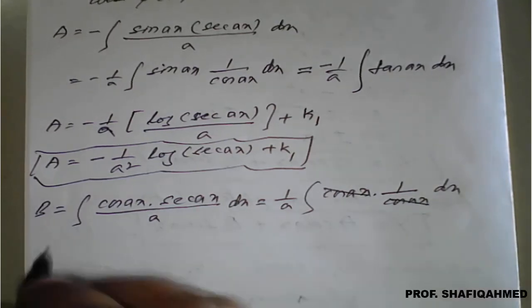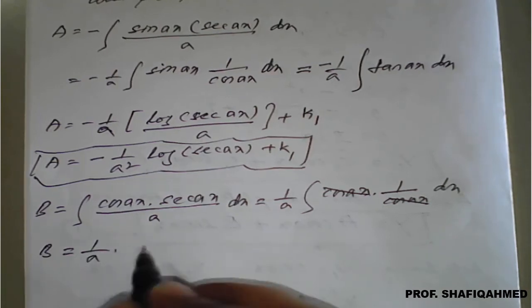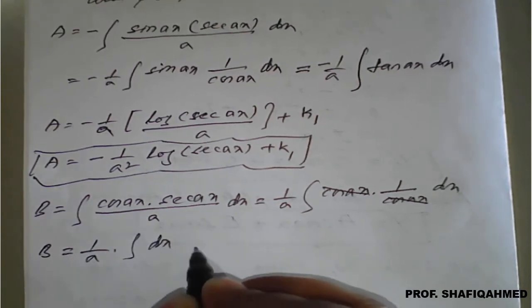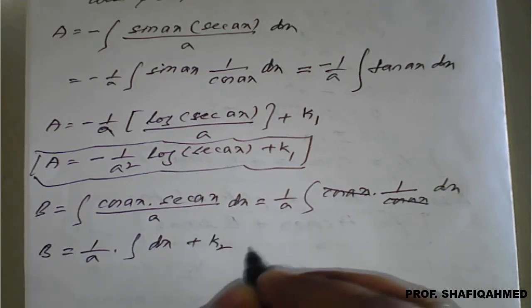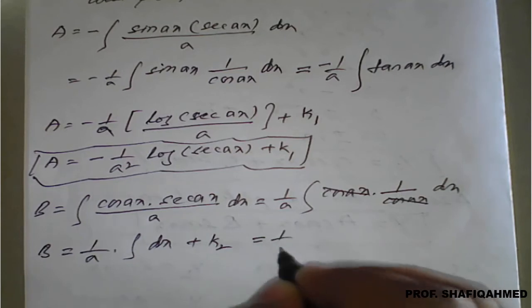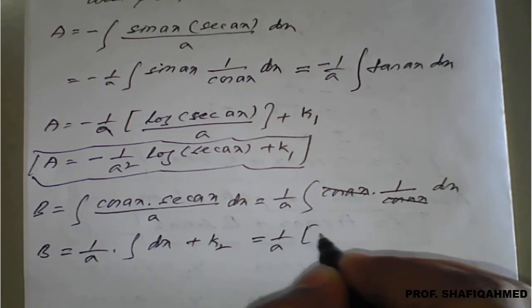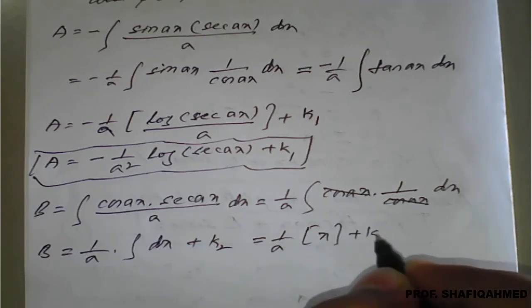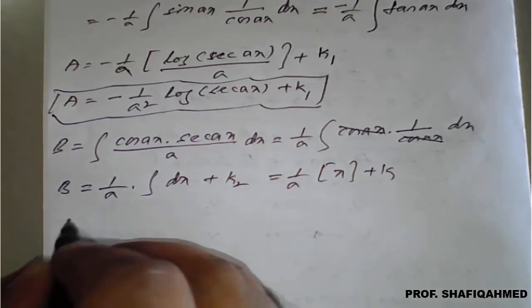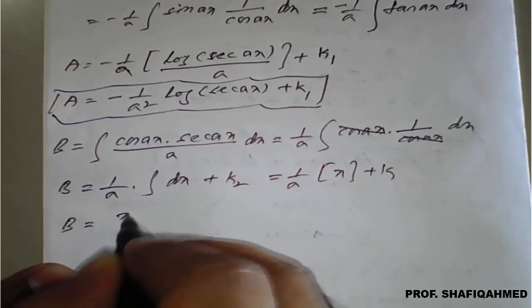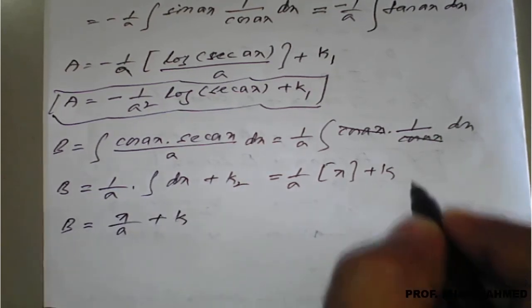Cos ax cancels, so B is equal to 1 upon a into integration of dx plus an arbitrary constant k2. Integration of dx with respect to x is x plus k2. So the final value of B is x upon a plus k2.